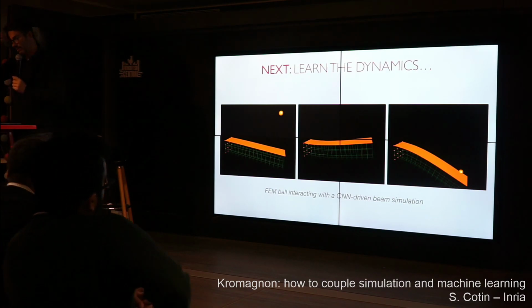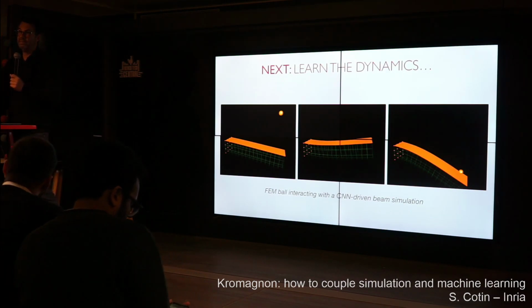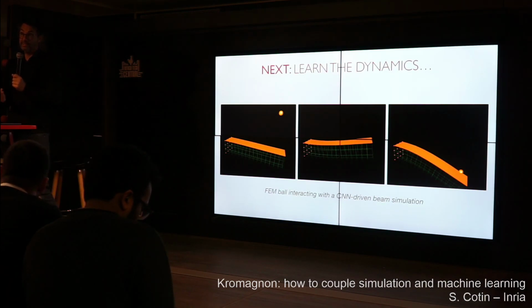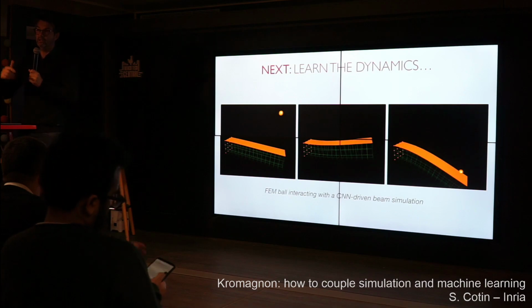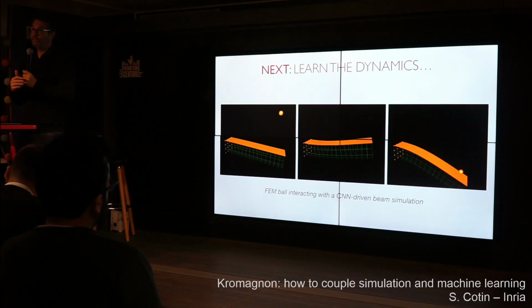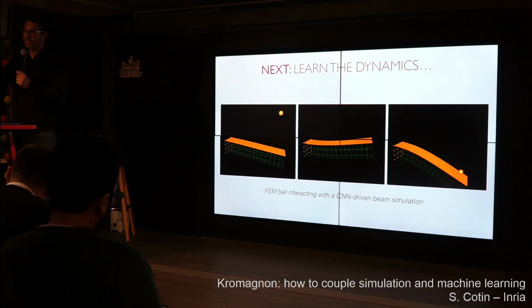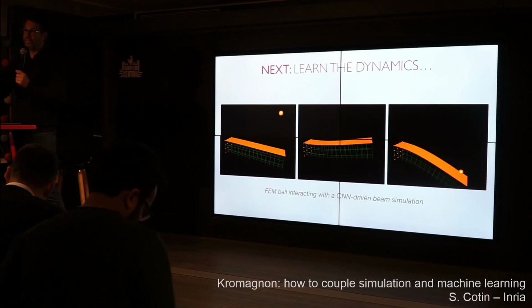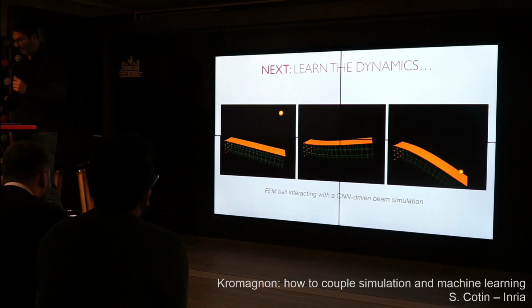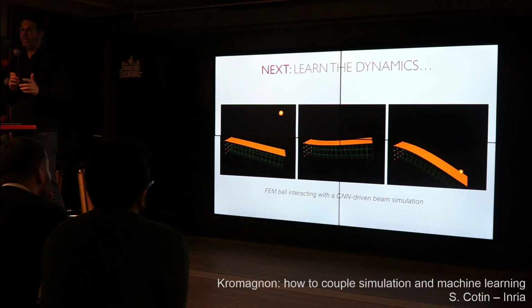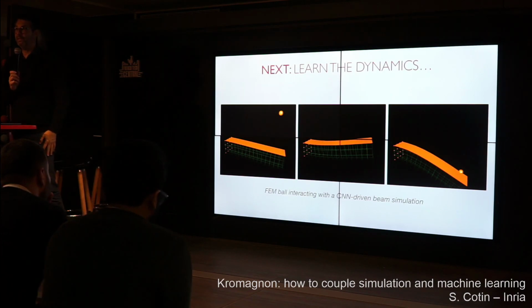And because all of this is done as a static simulation, the next step, which we are working on right now, is to do dynamics. So see if we can not just predict the deformation of an object, but predict its dynamical behavior, and so take time into account. On that, I will stop, and thank you again.